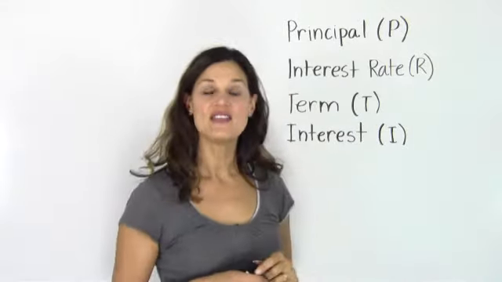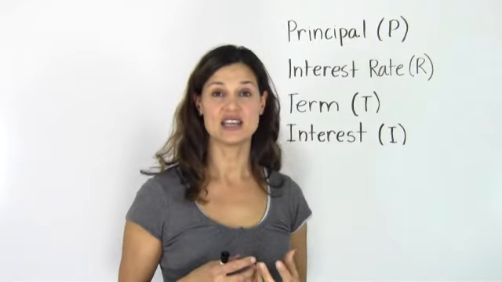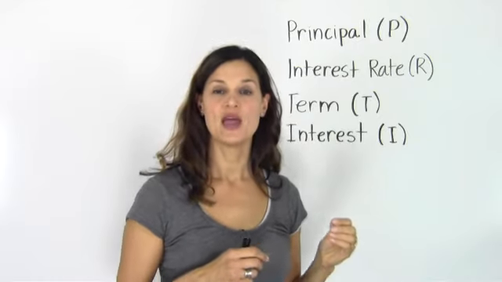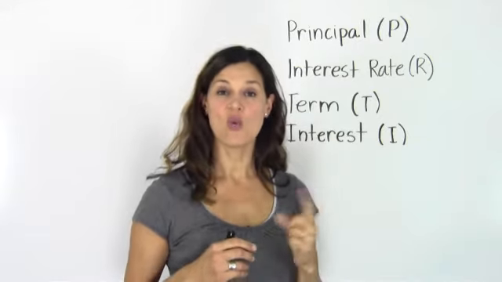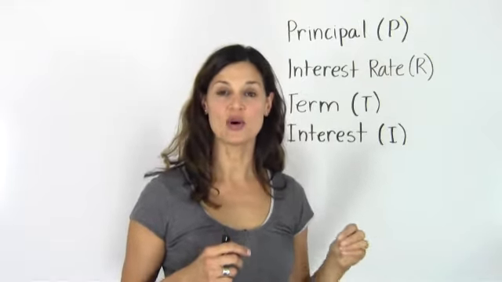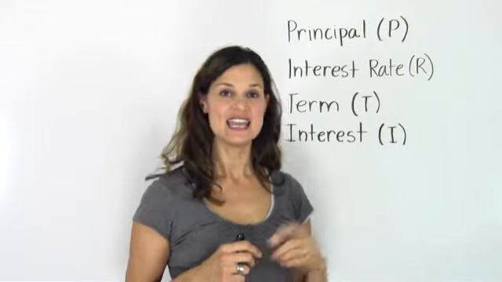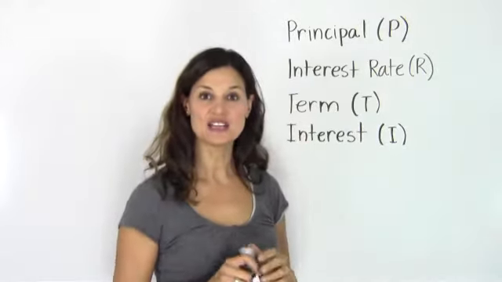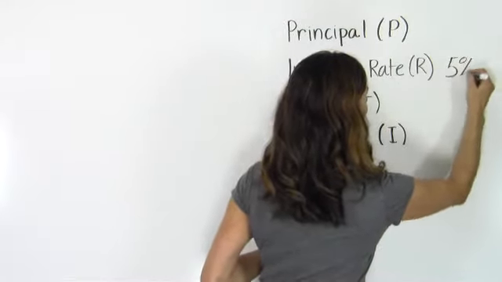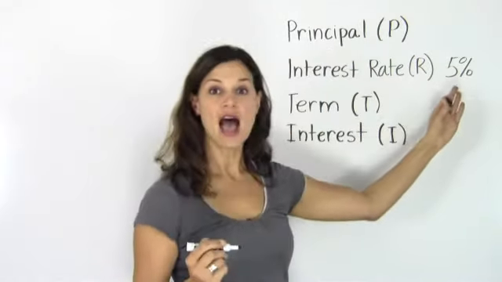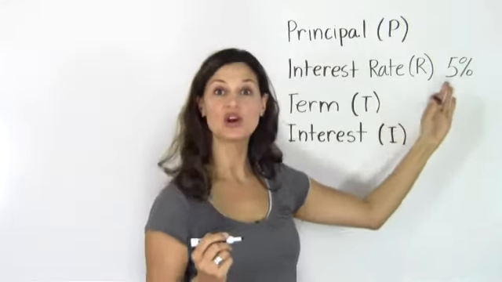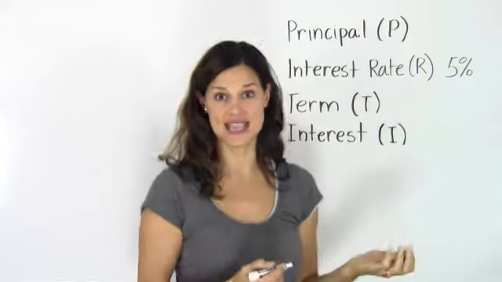Interest rate, R. The interest rate is a percentage that determines how much interest will be charged per year. When dealing with interest rates, 1 year is considered to be 12 30-day months, or 360 days. In our example, our interest rate is going to be 5%. We could say 5% per annum, 5% per year, or just a 5% interest rate.